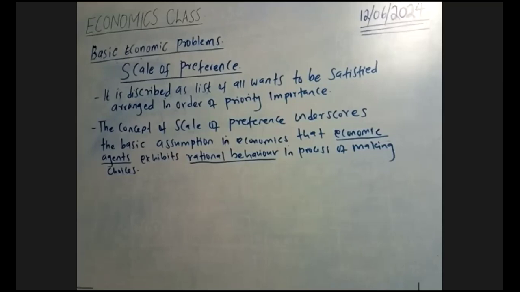Now that is all about the scale of preference. When we talk about the scale of preference, it's where we list all our wants in order of the most important item to the least important item. And remember, it is based on the assumption of rational behavior portrayed by economic agents within the economy.